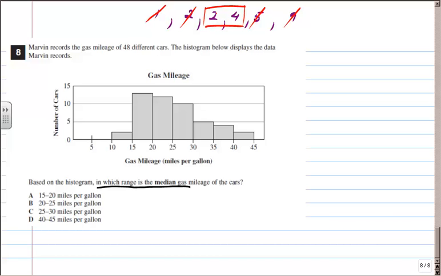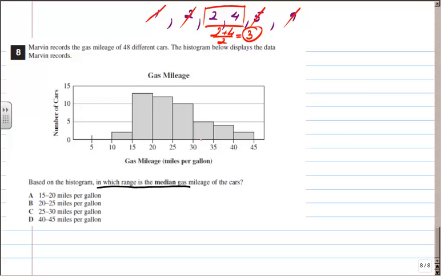If there is only one number, that will be the median. In this case, 2 and 4: the median is 2 plus 4 divided by 2, and that's going to be 3. That's the median of your given data set.